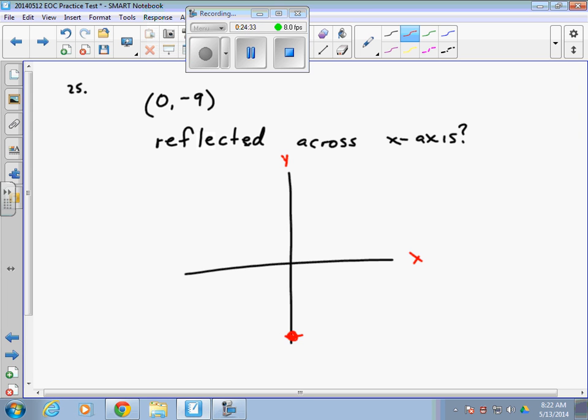All reflecting means is, if this is your x-axis, it's as if you folded the whole thing over this way. Then the x value is going to stay the same. The y value is going to become this one here, which is (0, positive 9) if it's reflected across the x-axis. (0, positive 9).